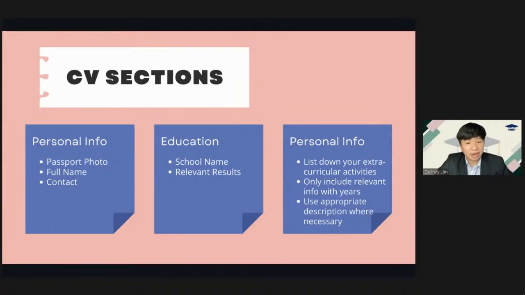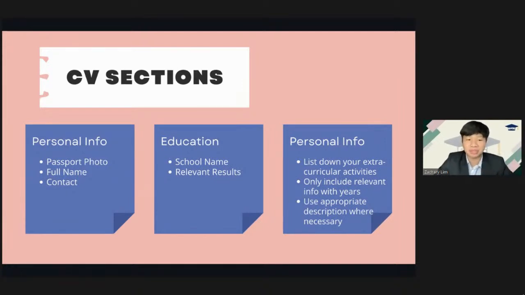All right, so the next part is your education. So your school name and your relevant results. And for the results, try not to put anything earlier than PT3 because later I'll be covering, in the next section, if you look at the second point where it says only include relevant info with years, this is basically what it means. What it means is to include info for the past 5 years.